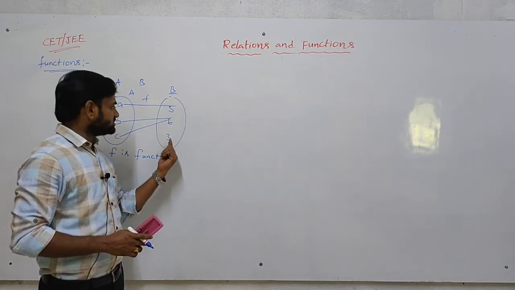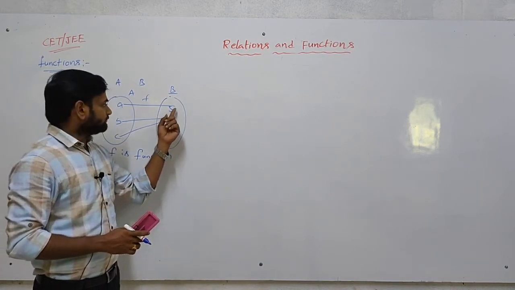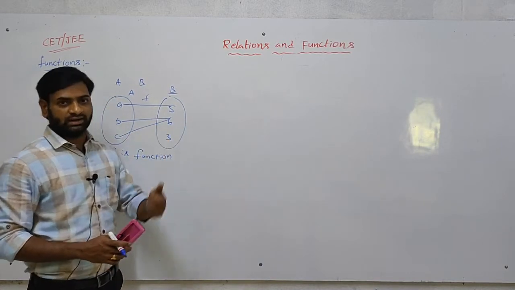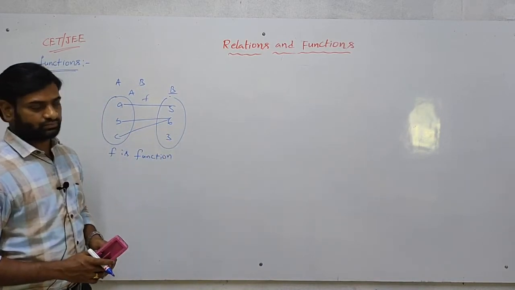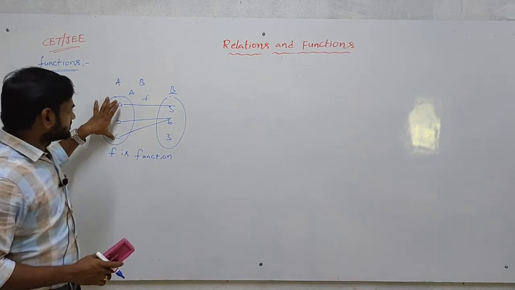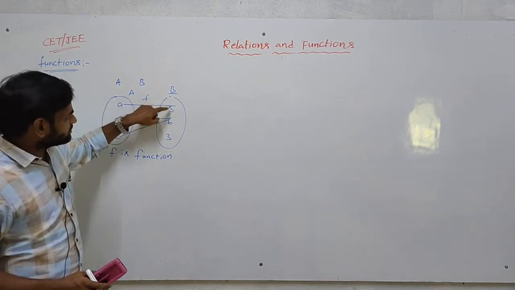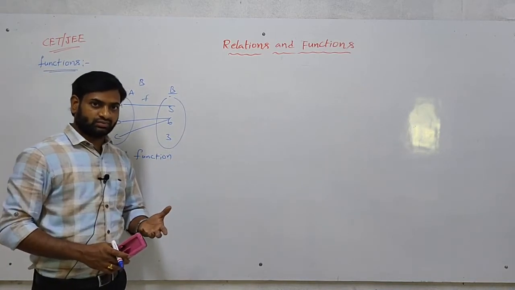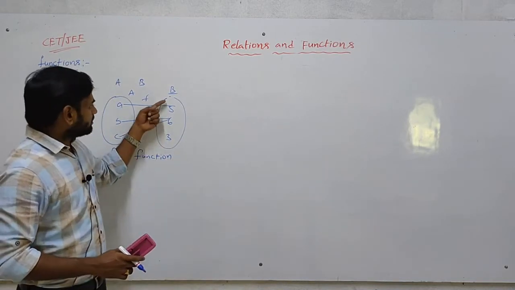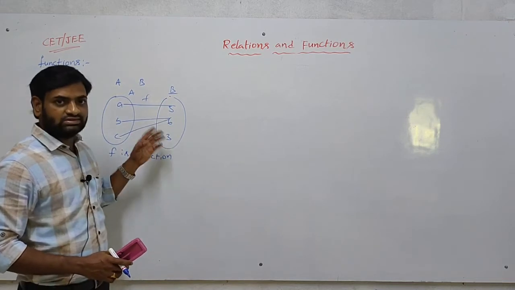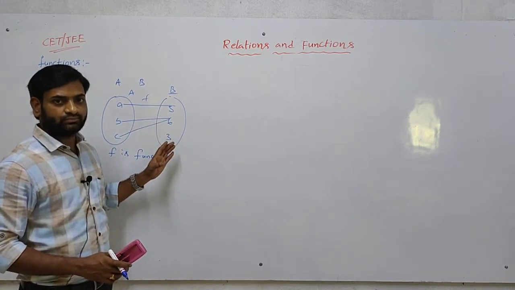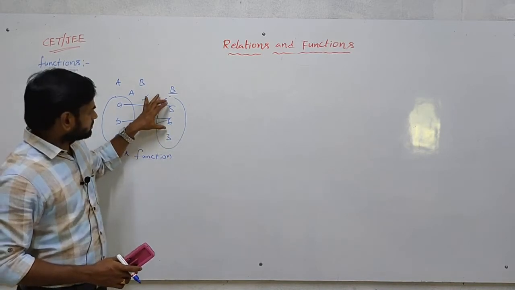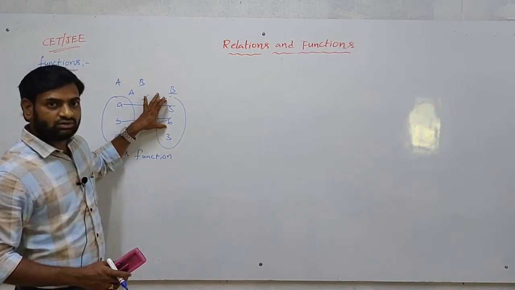Here 5, 6, 3 is the codomain, and 5, 6 are in relation, so these 5, 6 are the range. What is the domain? a, b, c. The codomain is 5, 6, 3, whether in the relation or not, it doesn't matter. The entire set B is called the codomain. Those in B which are in the relation are the range.